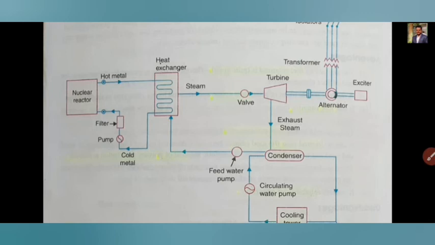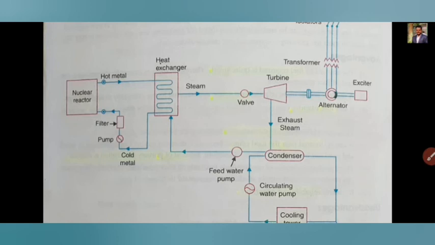The nuclear power plant also requires less space because it does not have much infrastructure. After the plant starts running, the running charges are low, and this is more economical.